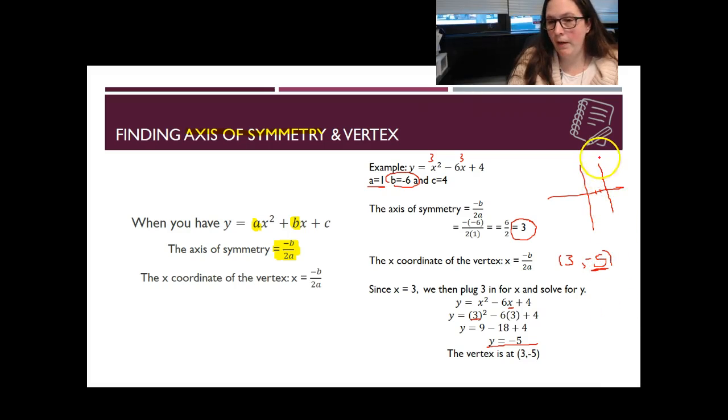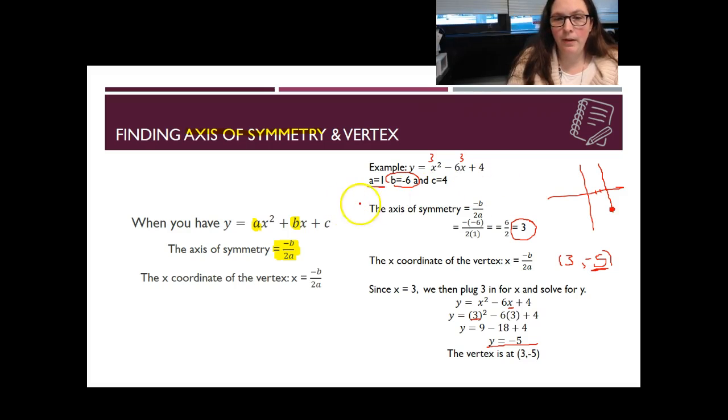So when I'm building my graph here, it's a very fancy graph, I know that my vertex point is going to be at 3 and then down to negative 5. When I'm building this parabola, I know that it's going to face either upward or downward, but the vertex is going to be here at 3 and negative 5.